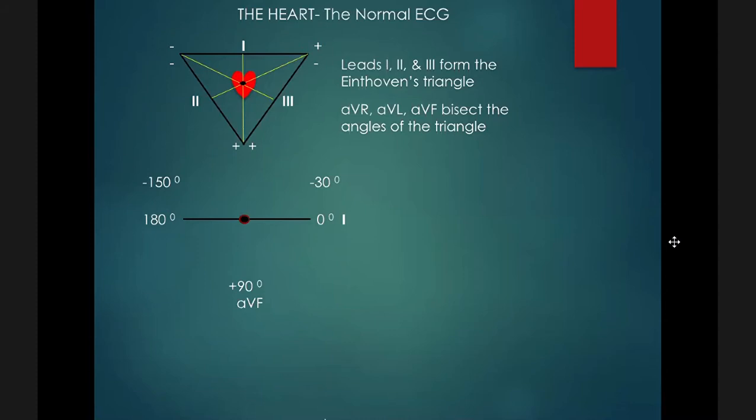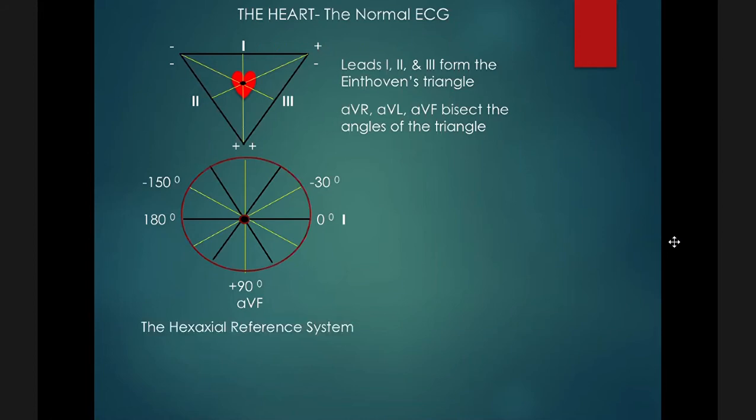This is lead 1, this is lead 2, this is lead 3, and then this is AVF, this is AVR, this is AVL. It may not make sense to you yet, but we use this to measure the axis of the patient based on this hexaxial reference.